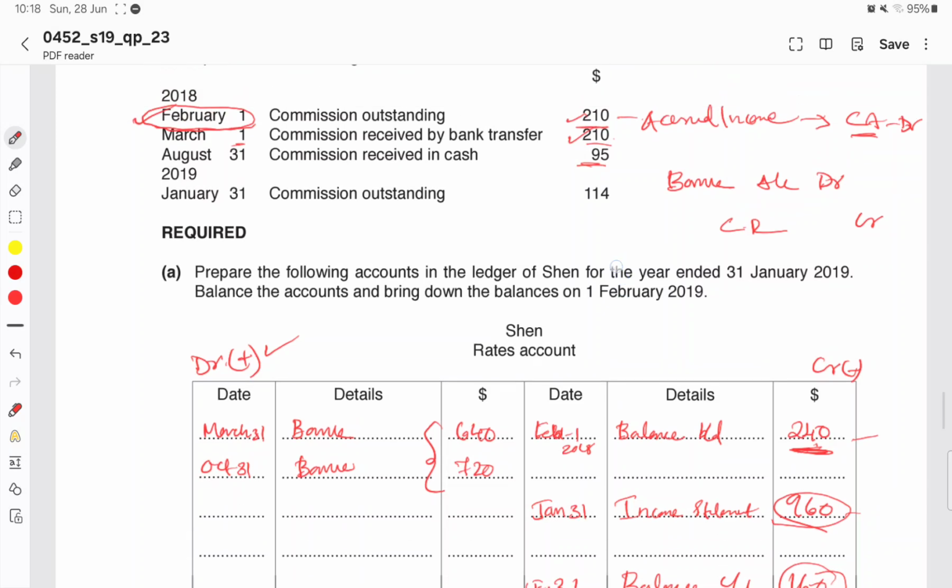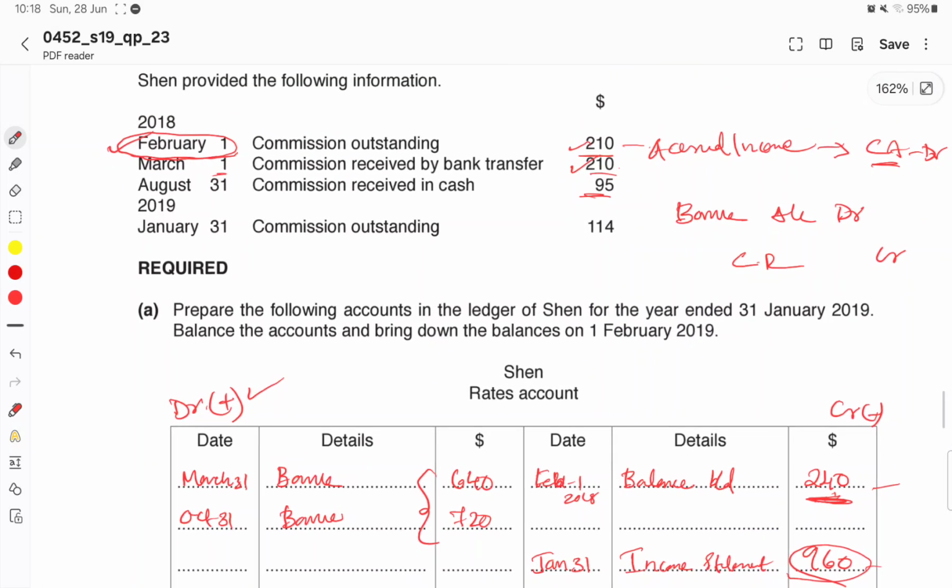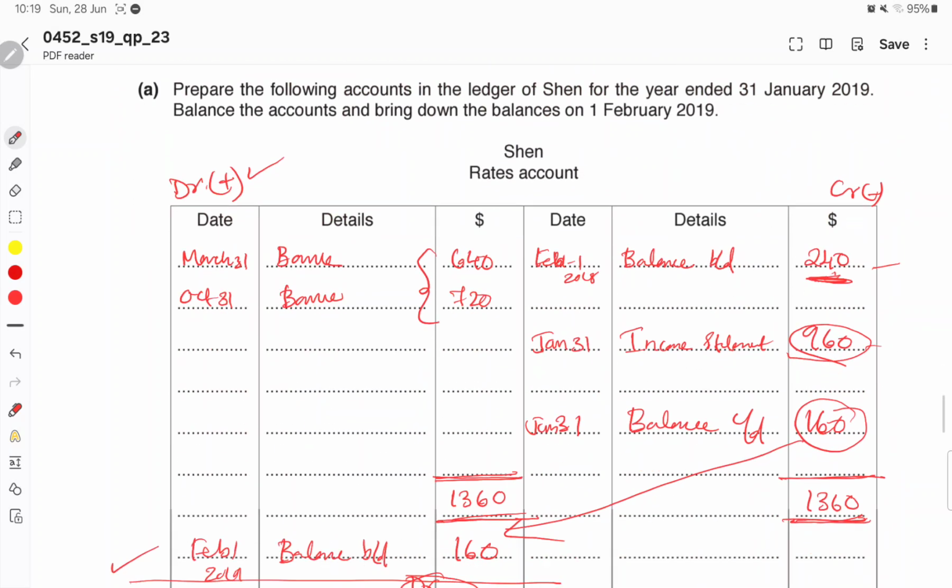Is there any other item given? See, on the closing date, this also must be taken. On the closing date, outstanding commission is $114. Outstanding income, or accrued income, both are the same. Accrued or outstanding income is a current asset. So balance brought down will be in the debit side.